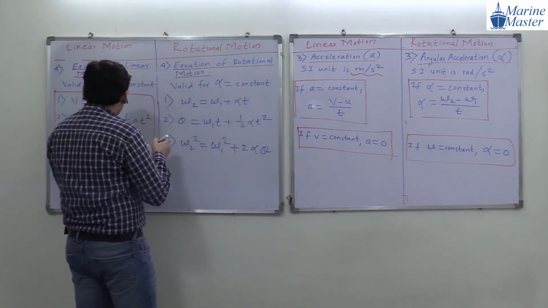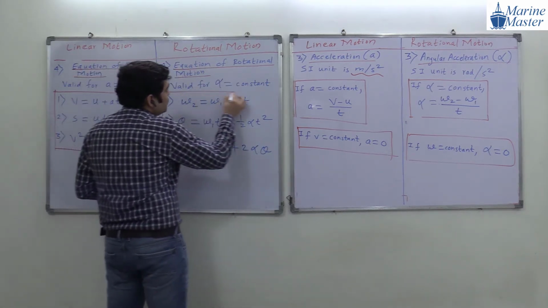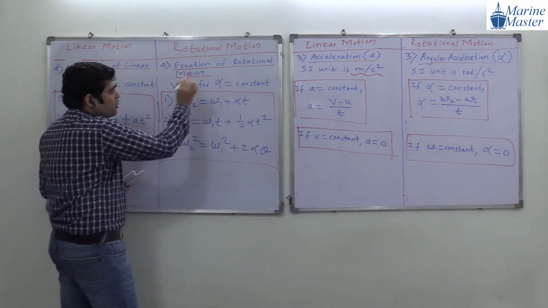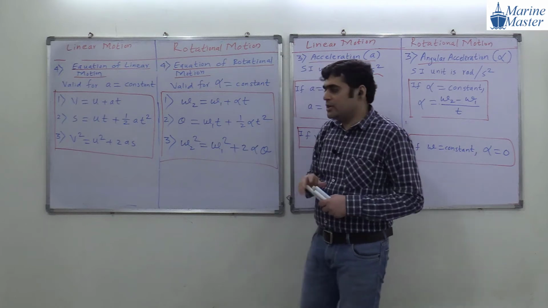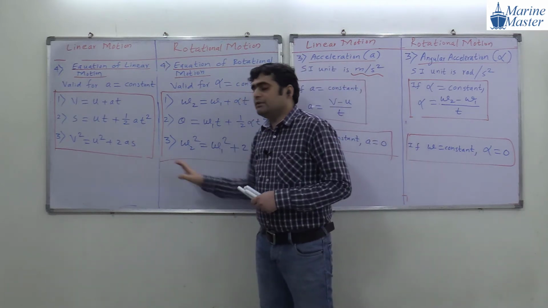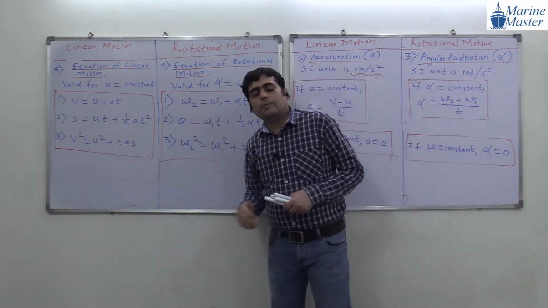Okay, very good, guys. So this is the equation of motion in rotation, equation of rotational motion. Are you getting my point? Please everyone write down the fourth point side by side properly.